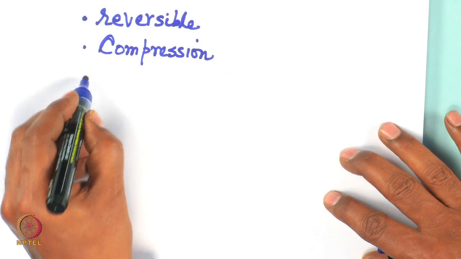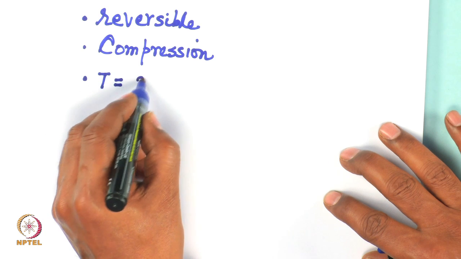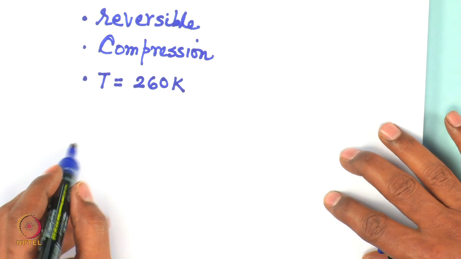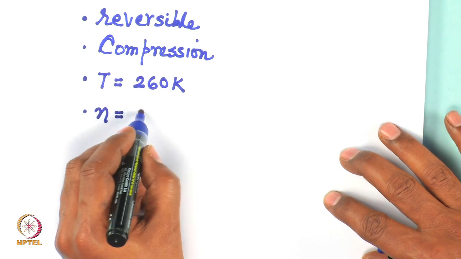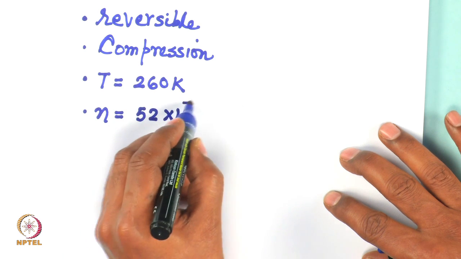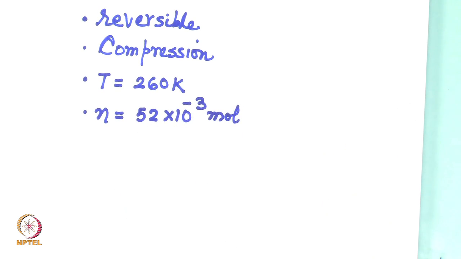The third thing to note is that temperature remains constant, it is isothermal, which is 260 Kelvin. Then we are given the number of moles, which is 52 millimole, that is 52 into 10 raised to the power minus 3 mole. This is the given information. Now, we have to use this information to solve the question.